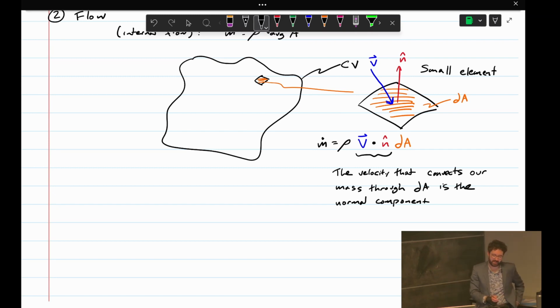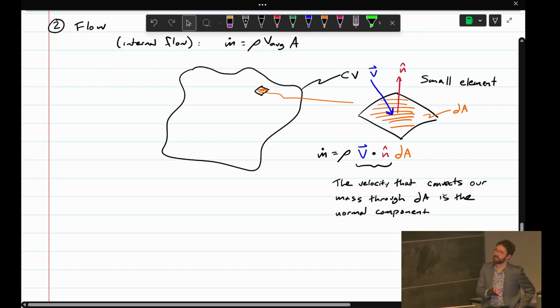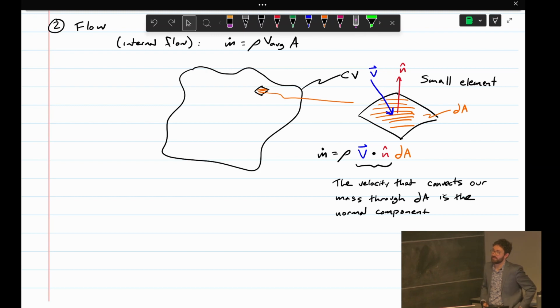So we're going to see this v dot n a lot. Are there any questions about v dotted with n? We're not changing the magnitude of the normal component of the velocity because n is a unit normal vector. When you have a unit normal vector, you're just doing a projection. You're not changing the actual velocity magnitude. So any questions about this v dot n concept? It will show up quite a bit.